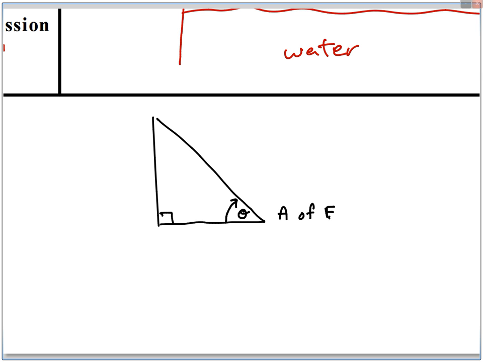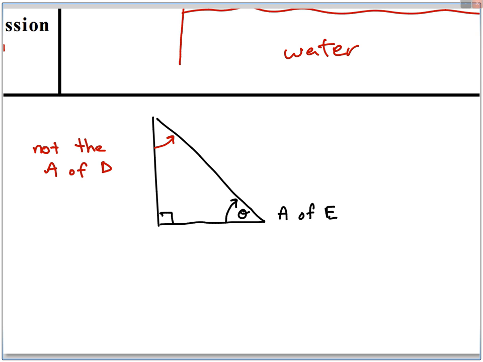Angle of elevation. Now, I'm in a red pen here, so you look angry. From the side going over, not the angle of depression. People always think that's the angle of depression. It is not. That is the most common mistake.